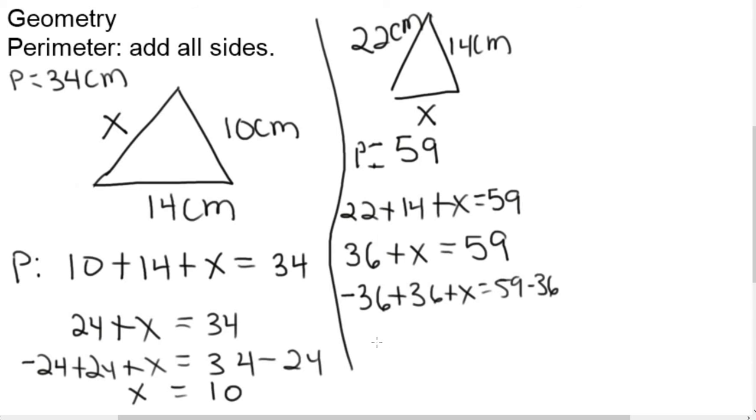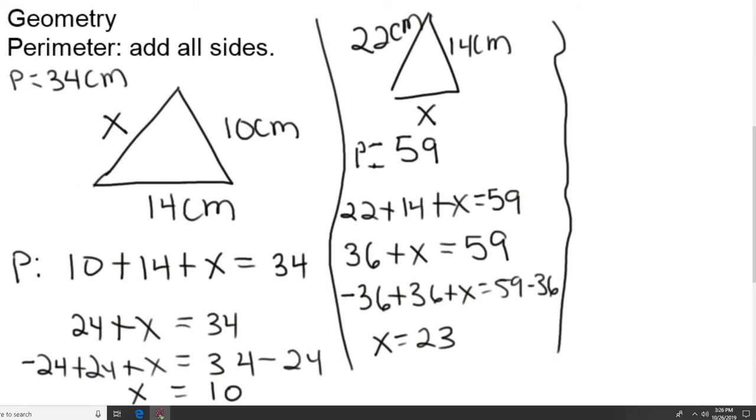Those 36s go away. X equals 59 minus 36, 23. So x equals 23. We know the formula for perimeter is we add all sides.